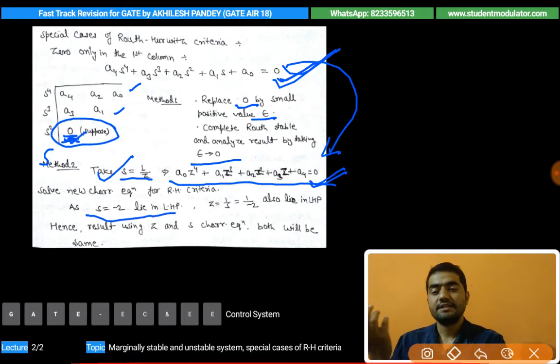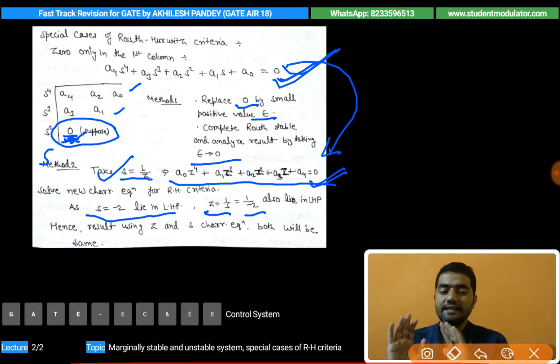Then if we take its inverse, that is z equals 1 upon s, meaning 1 upon -2, that pole will also lie in the left half plane. So either the value or its inverse, both will lie in the same plane. So we can analyze by putting s equals 1 upon z in this equation and solving it in the same manner as we solve the basic Routh Hurwitz table.